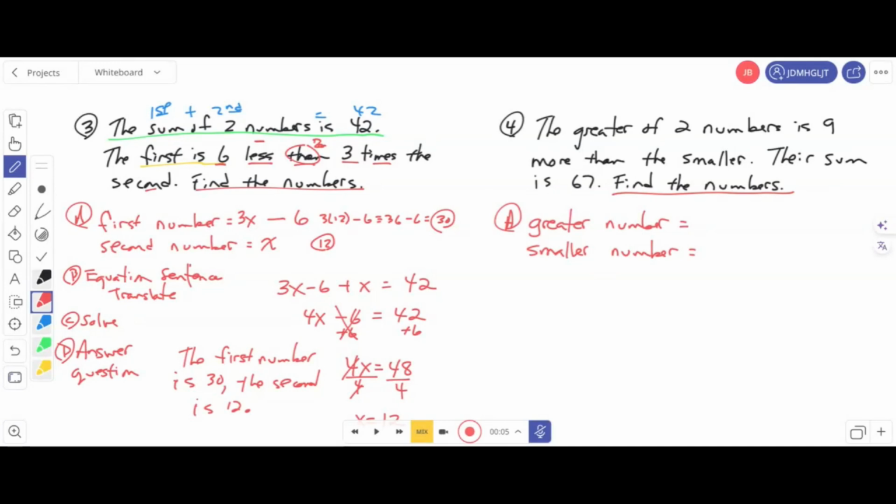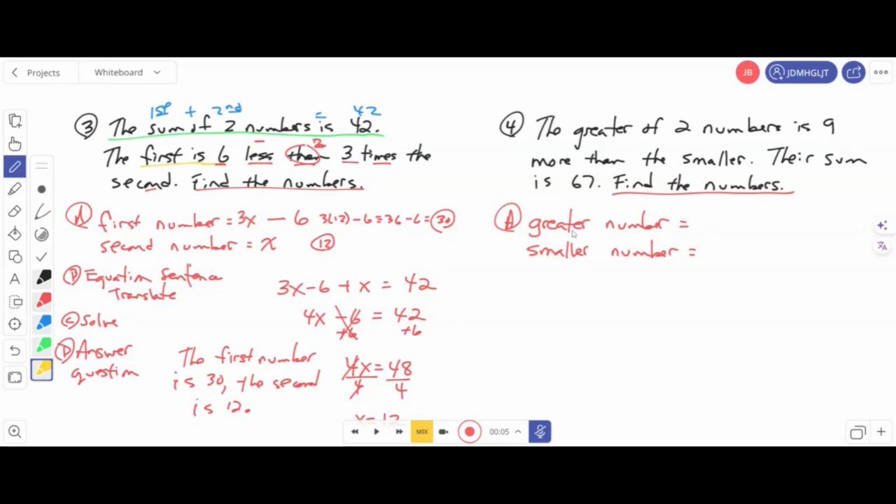But I don't get that. I get one of them. Which one of these things do we call X? Which one gets called X? Well, it's got to be either the greater number or the smaller number. One of those we're going to call X.